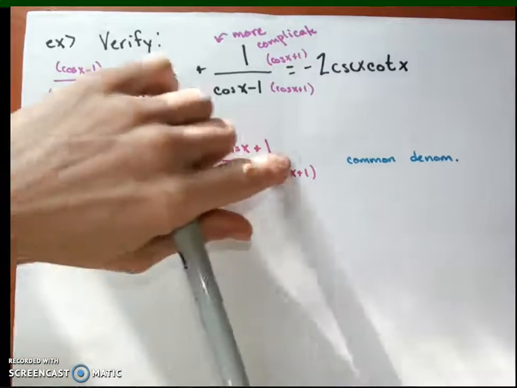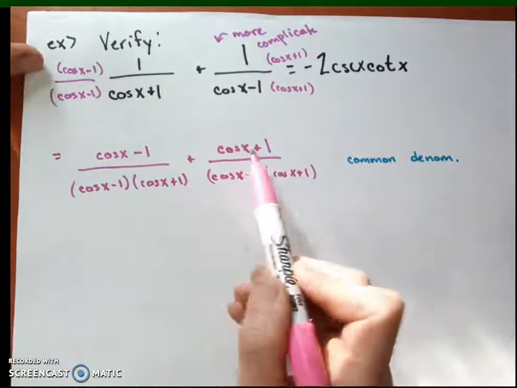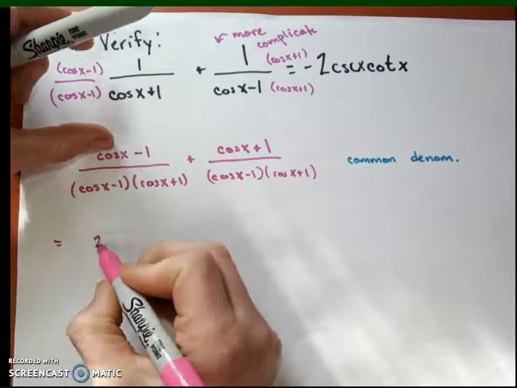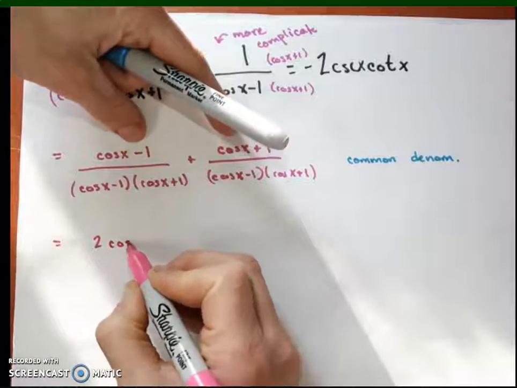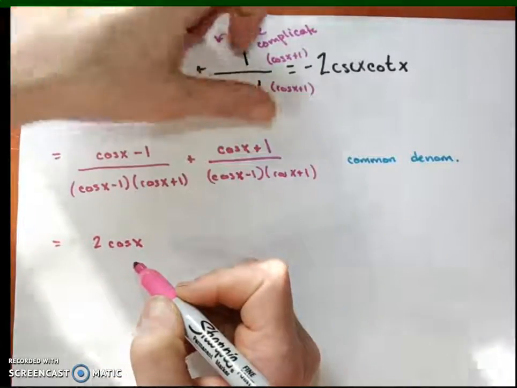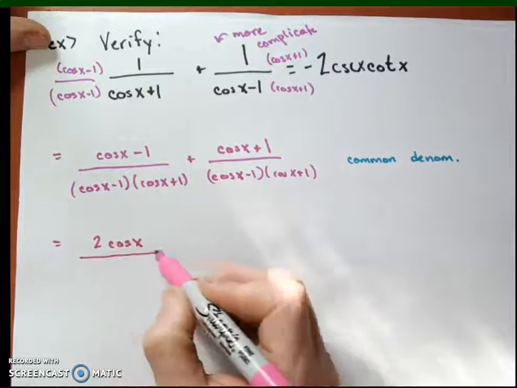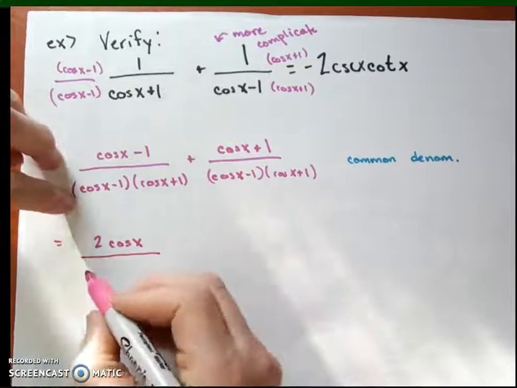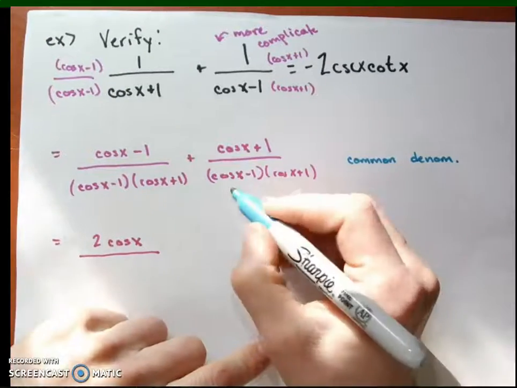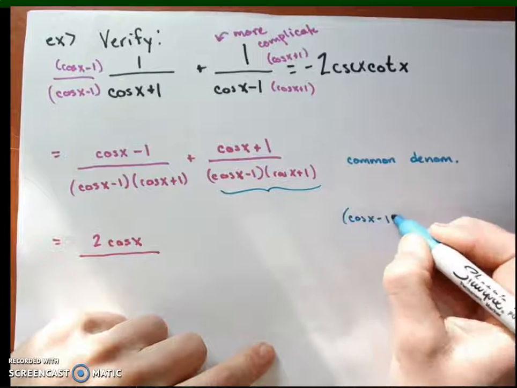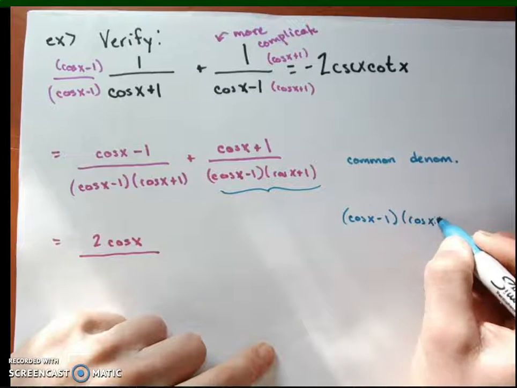Now I can add these two numerators because I have the same denominator. So I get 2 cos x because I combine these two, and minus 1 and plus 1 cancel. So my numerator is just 2 times cosine x. My denominator, notice that when I multiply these together, I have to FOIL.